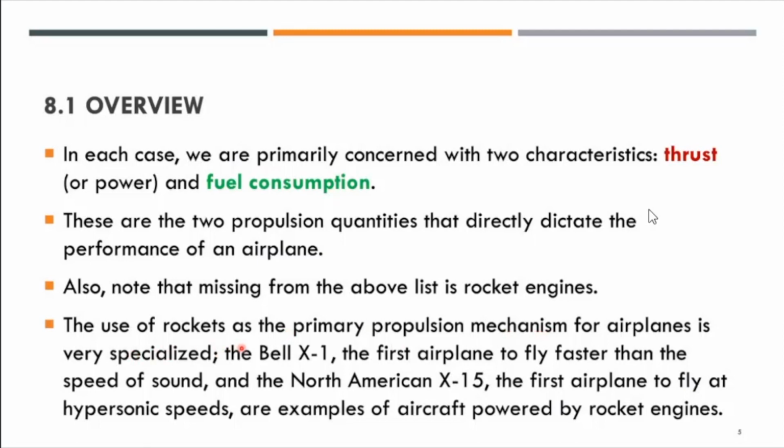There are cases of rockets being embedded on airplanes, such as the Bell X-1, the first airplane to fly faster than the speed of sound, and the North American X-15, the experimental aircraft, the first airplane to fly at hypersonic speed. These are examples of aircraft powered by the rocket engine, but we are not going to look into this kind of application. We will just focus on the propeller, the turbojet, turbofan, as well as the turboprop.